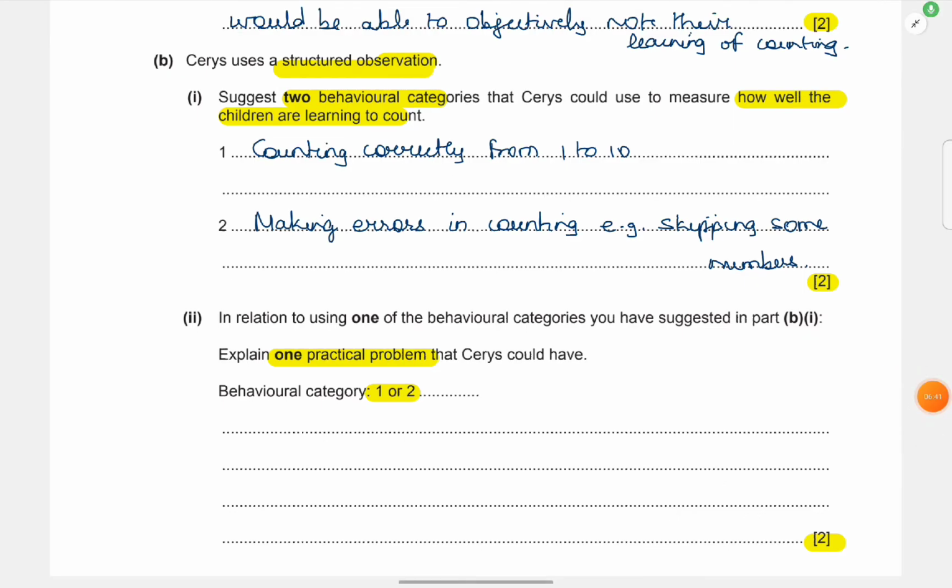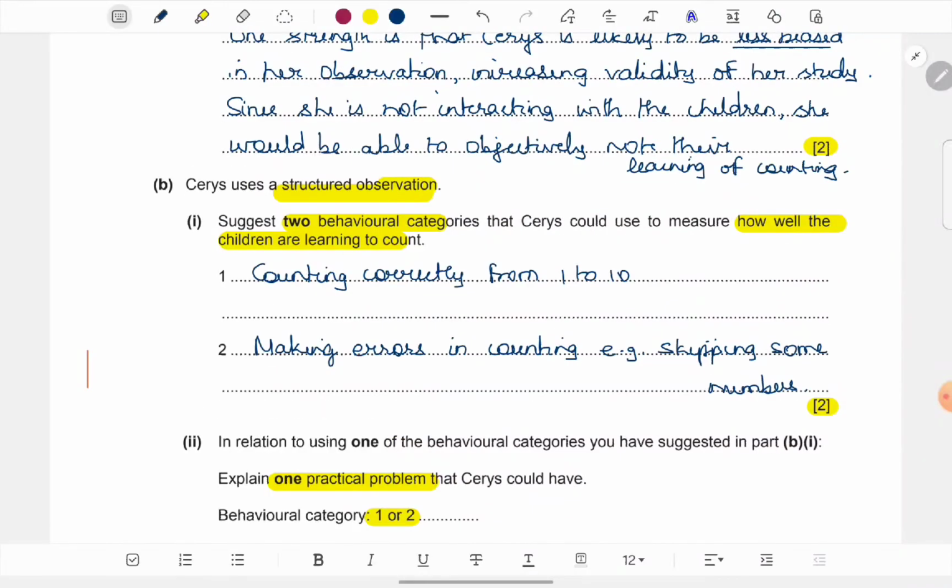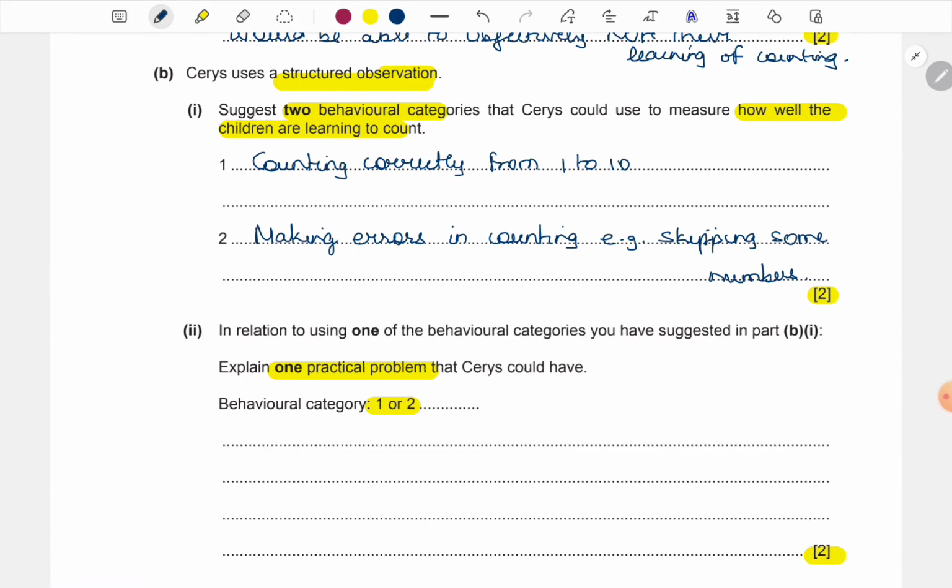So when you want to see whether a child is learning to count or not, what you need to do is, like we've noted in the previous, literally count how much they are counting. Now you'll have to observe how much they're counting. When they count out aloud you can observe, but what if some of them are not counting out aloud? Then what will you do? You cannot peep into their minds and see whether they are learning to count or not.